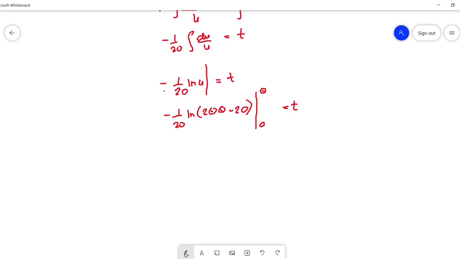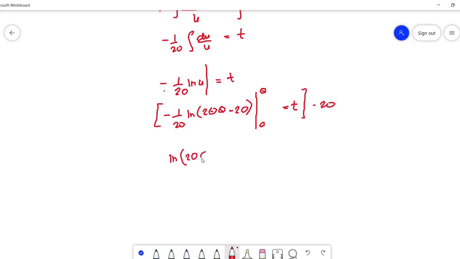So what we have left is, no more 20, since we multiplied negative 20 on both sides, ln of 20q minus 20 from 0 to q equal to negative 20t.